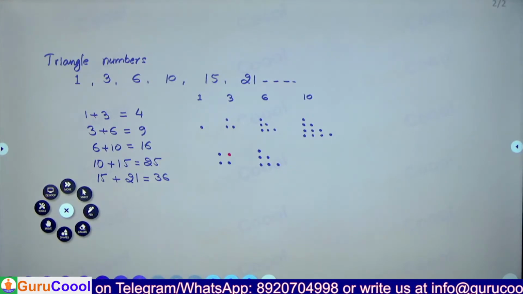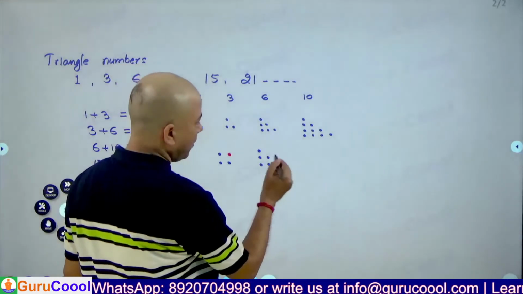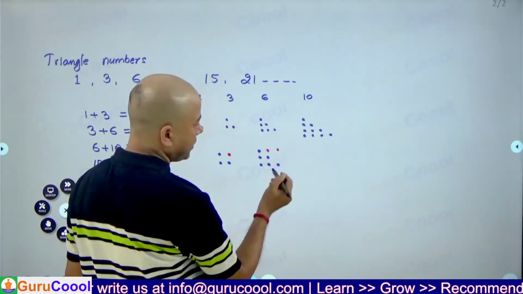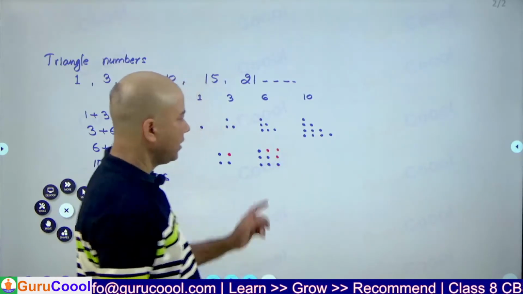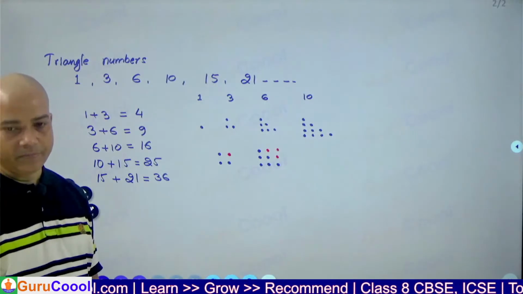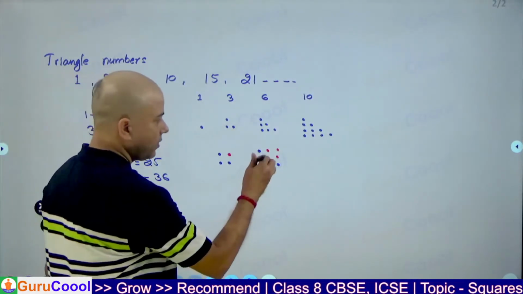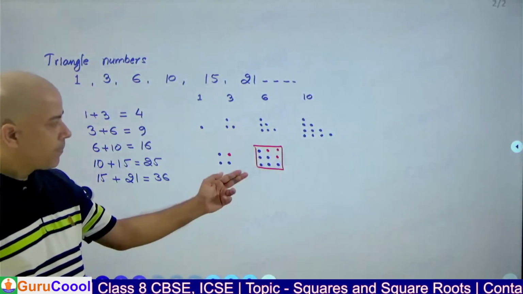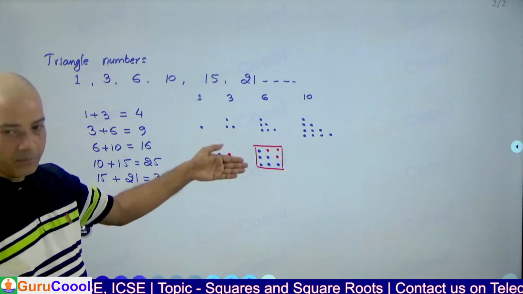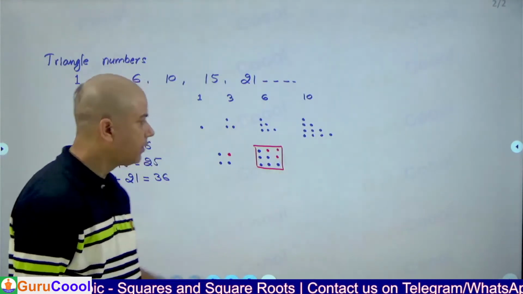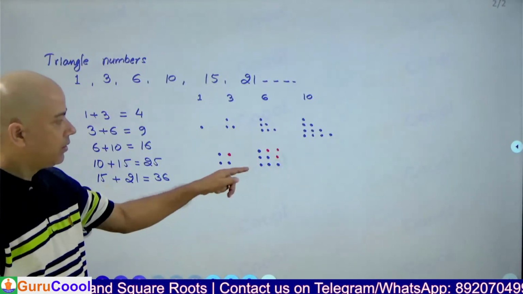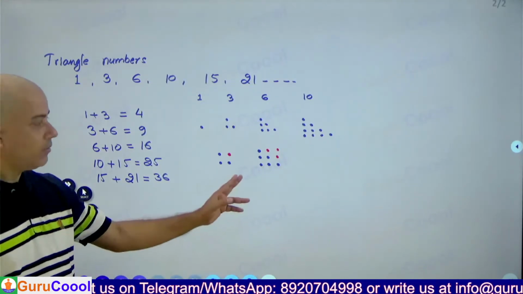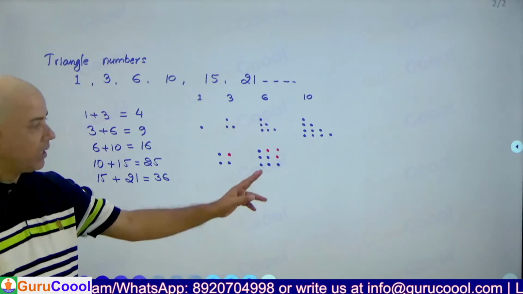You couldn't find? If I have to complete the square, I'll give 1 dot here, second and third. Only 3 dots and see, square completed. Square shape, 3 dots in the breadth, 3 dots in the length. Length and breadth both are equal. Don't you think it's a square? The length and breadth are same.